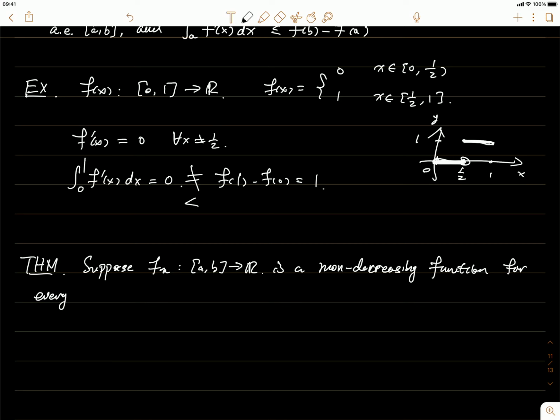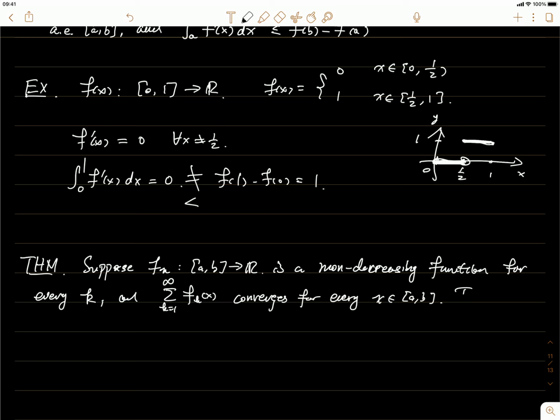So every f_k is a non-decreasing function in x. And the sum of f_k(x), for each point x, this series converges, for every x in the interval [a, b].